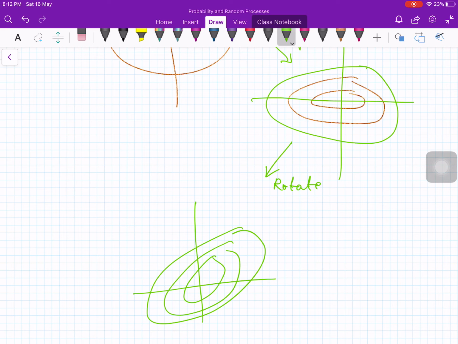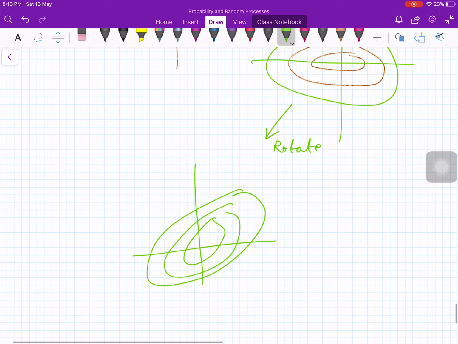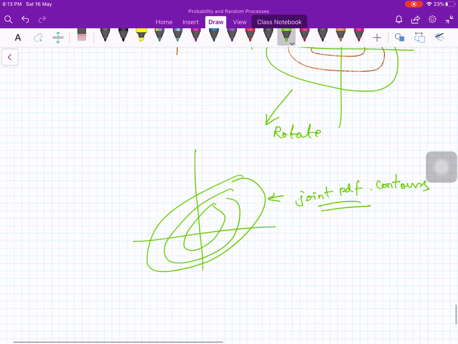So if we have a joint PDF whose contours were like this, what would that correspond to?